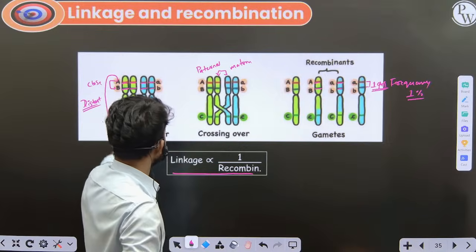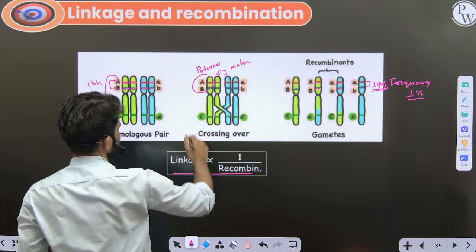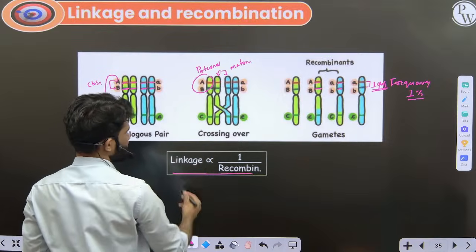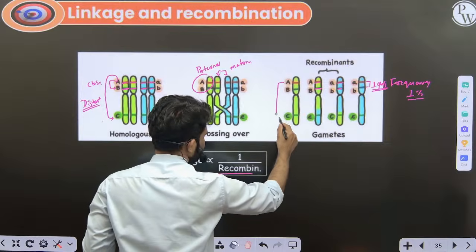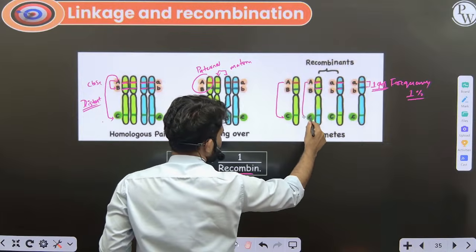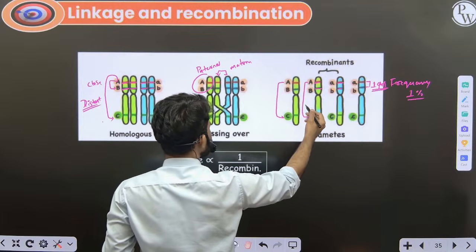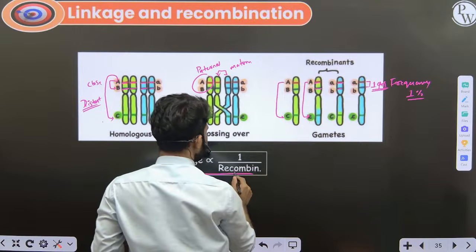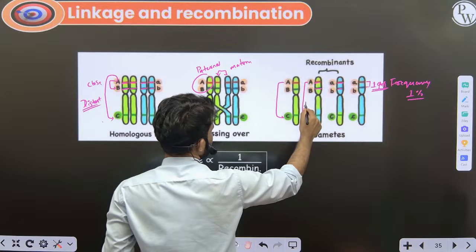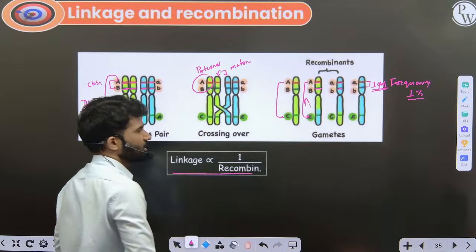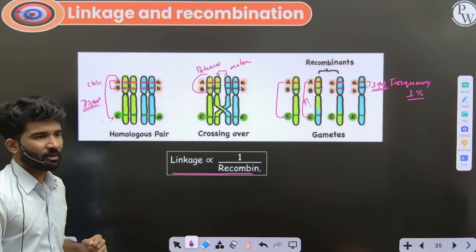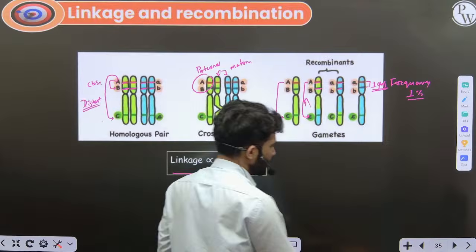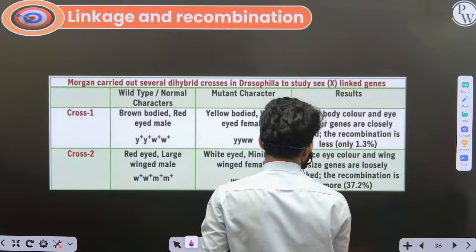More linkage means less recombination. With more distance, linkage is less, so recombination is high. That is how distance is connected to recombination.